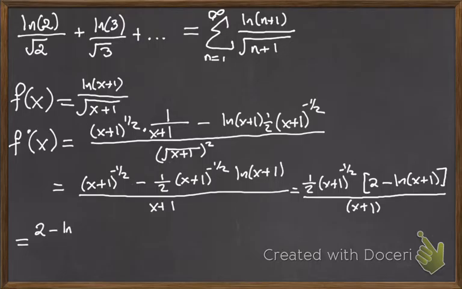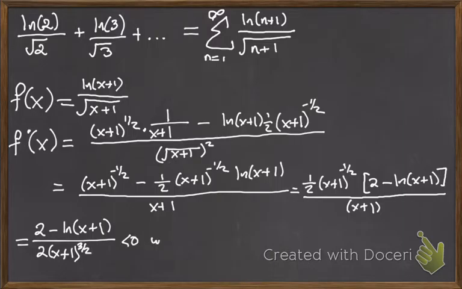We send the 1/2 and that negative exponent down to the denominator. So what's left is 2 minus the natural log of x plus 1 on the top, and on the bottom there's the 2 from the 1/2, and then x plus 1 to the 3/2 power.